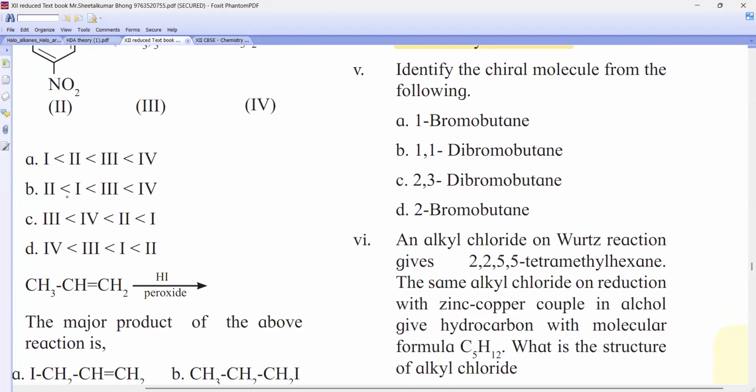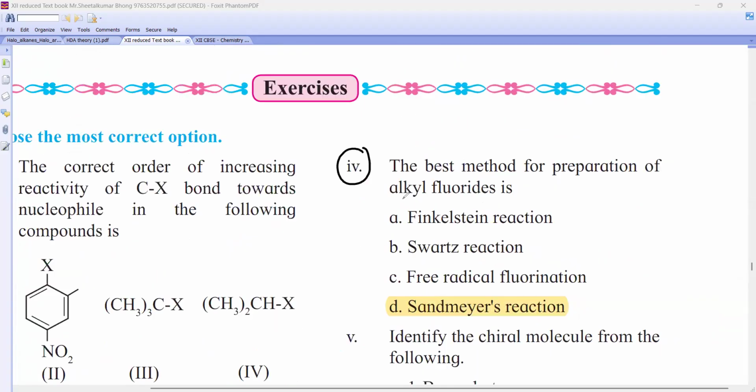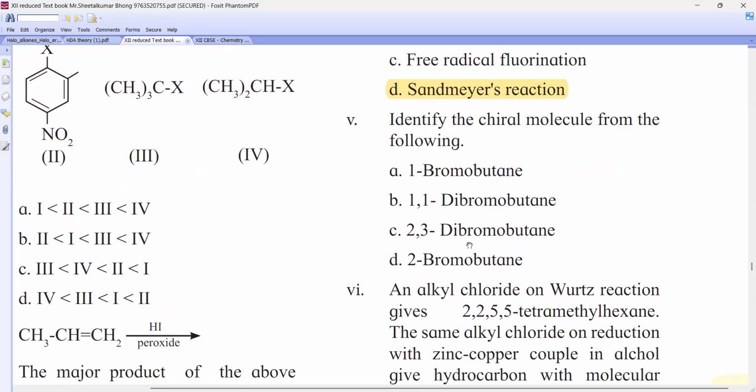Which is the best method for alkyl fluoride? Alkyl fluoride was asked, and there was only one: Swarts reaction. For alkyl fluoride, it is only Swarts. There is some error in the textbook, I have not highlighted it.